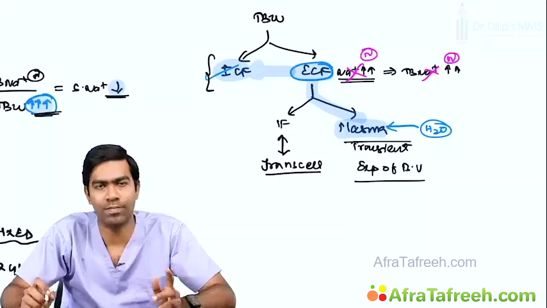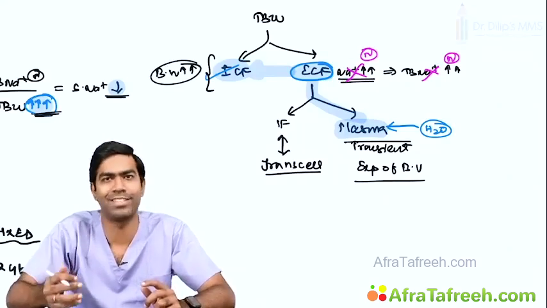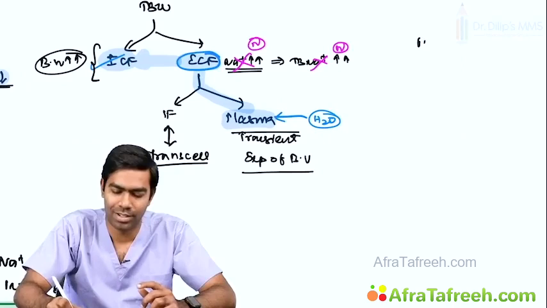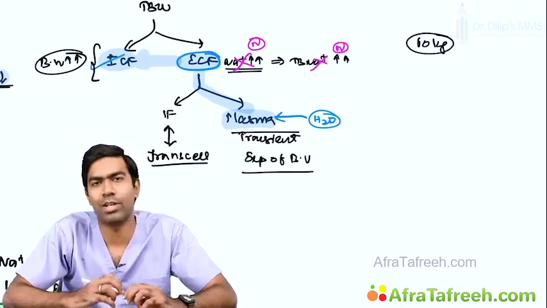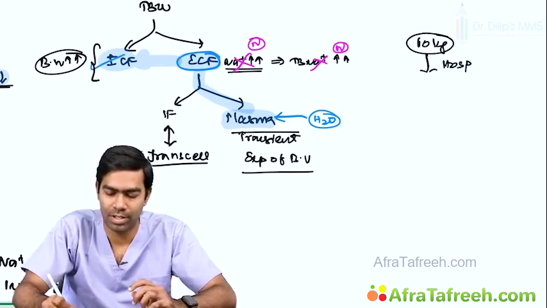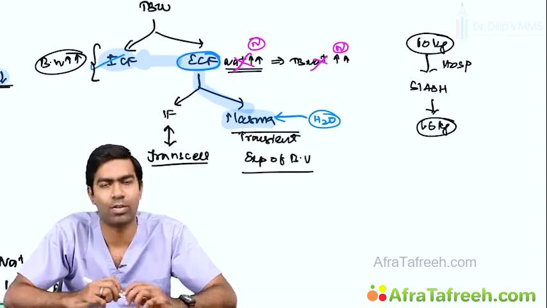Yes, you have to believe, which means SIADH patients' body weight will be high. That's the evidence that this fluid is in the ICF. Which means a patient who is 60 kilogram in weight, admitted to the hospital, hospitalized, and develops SIADH, after SIADH his weight might become 66 kilogram.